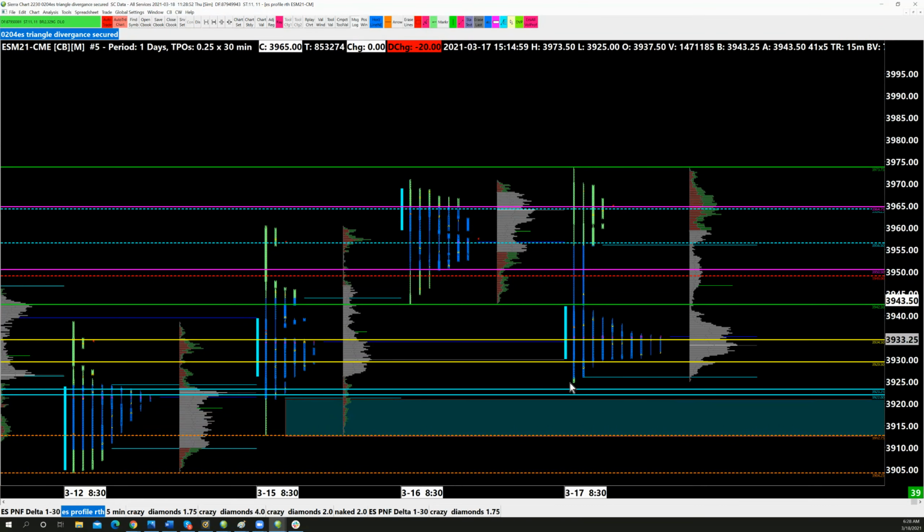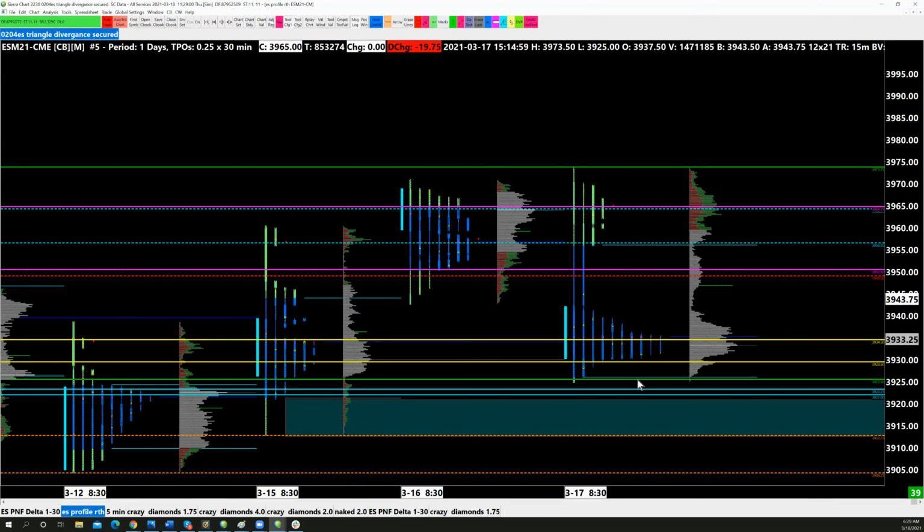And I also know that I could trap underneath prior day's low and back in. So I'm going to move prior day's low. I already know this is an area where we could potentially trap, right? And then I'm going to basically merge 39.23 all the way down to 39.12.